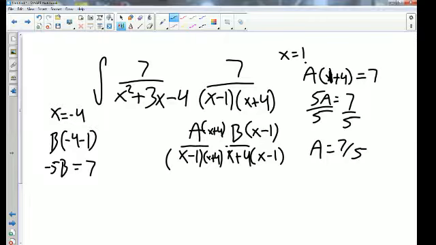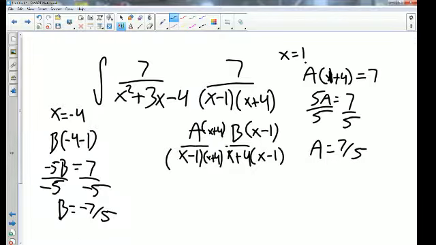Divide by -5, and B equals -7/5. Then you reset up your equation.